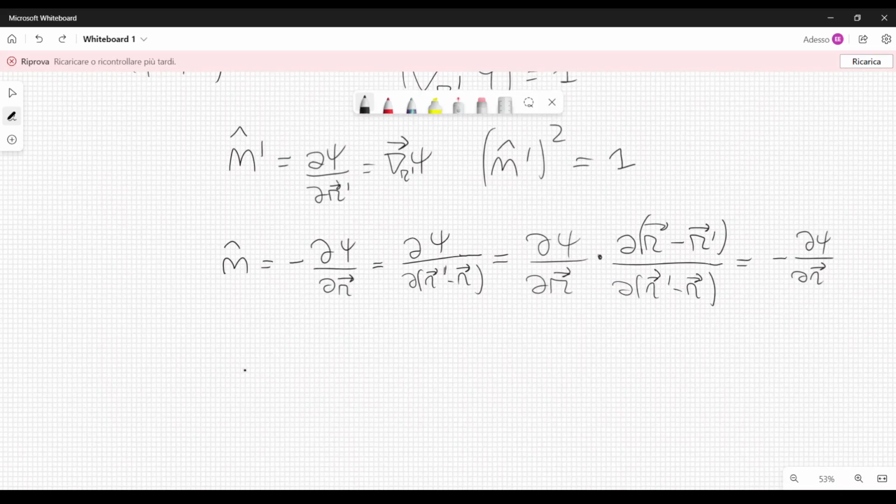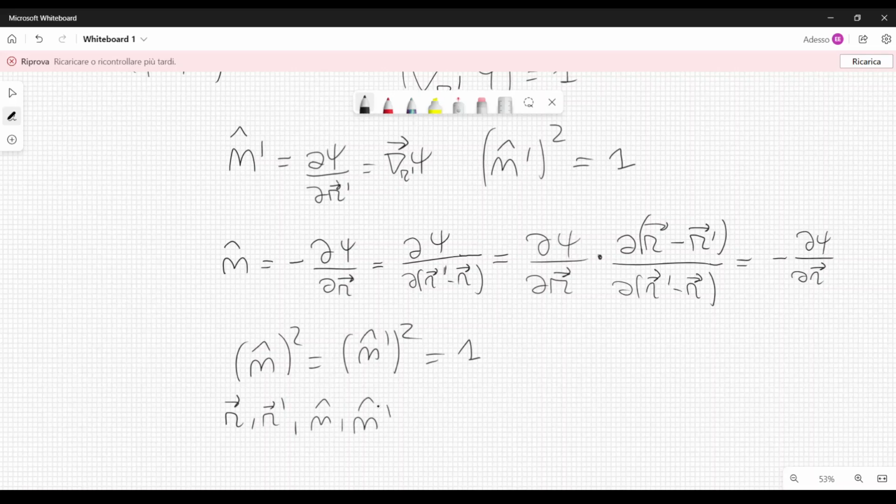Therefore now we know that n squared is equal to n prime squared, which is equal to 1. The four vectors, which are r, r prime, n, n prime, are interrelated, since two of them, n and n prime, are derivatives of a certain function psi with respect to the other two, r, r prime.